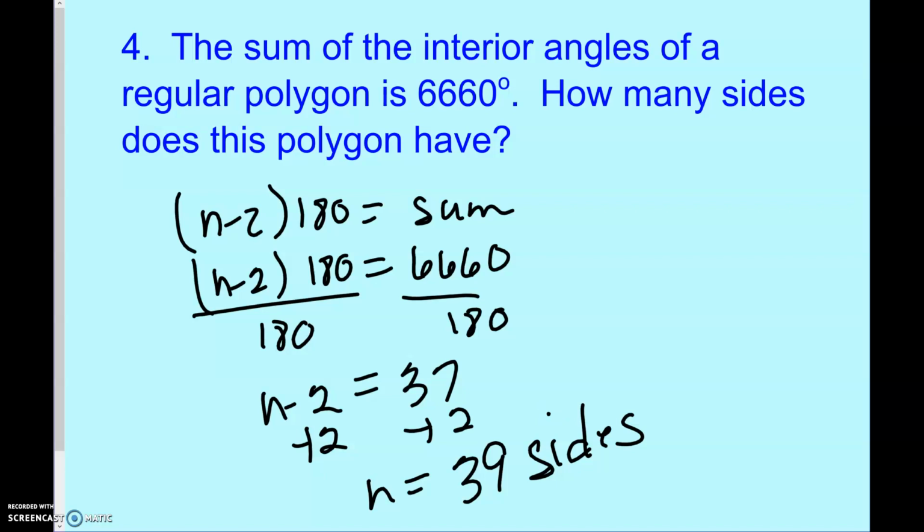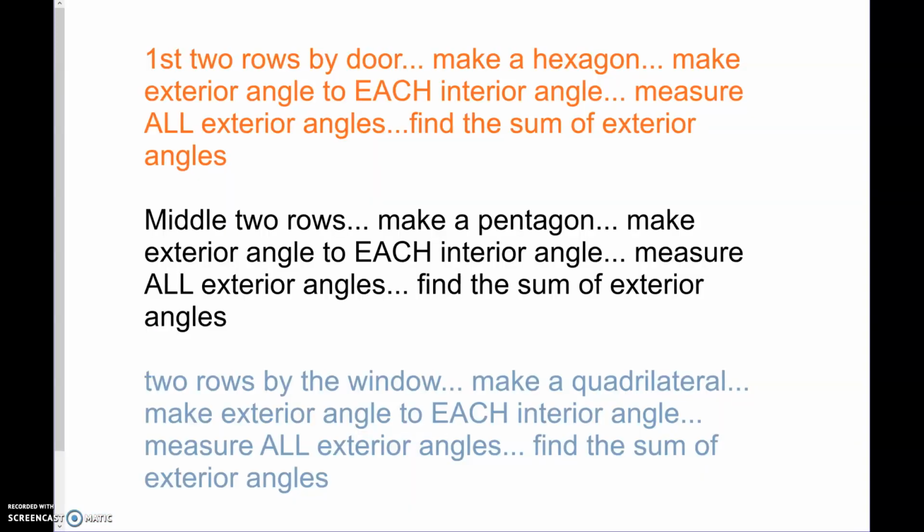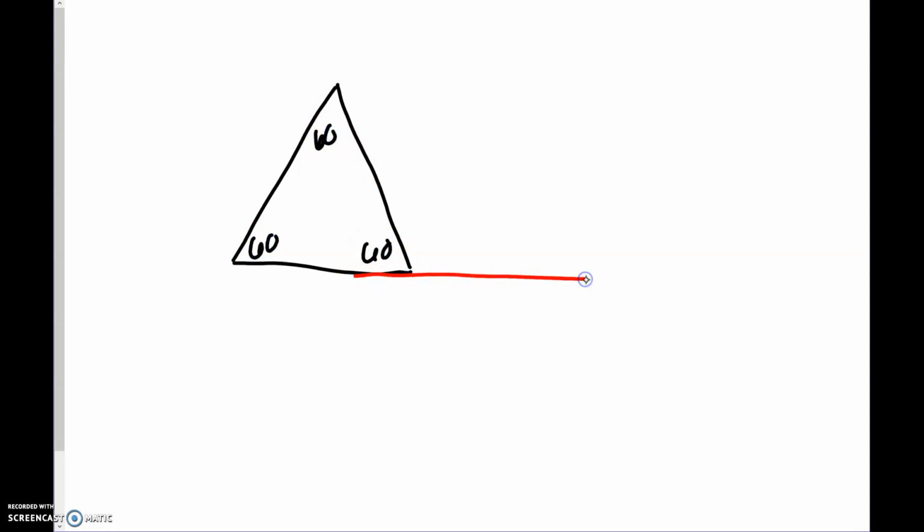All right, we have one concept left to talk about, and that one concept is going to be to talk about exterior angles. So let's just say we have an equilateral triangle. So if these are each 60, okay, if we're going to extend that exterior angle, extend that exterior angle, and extend.